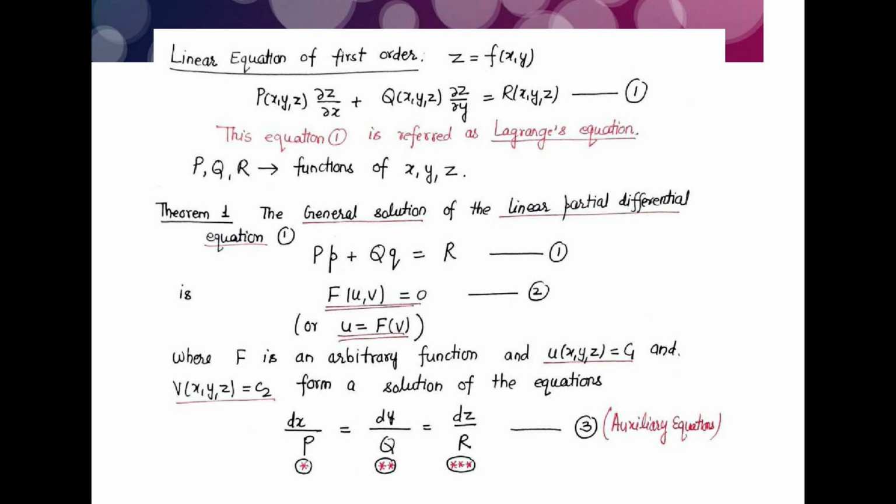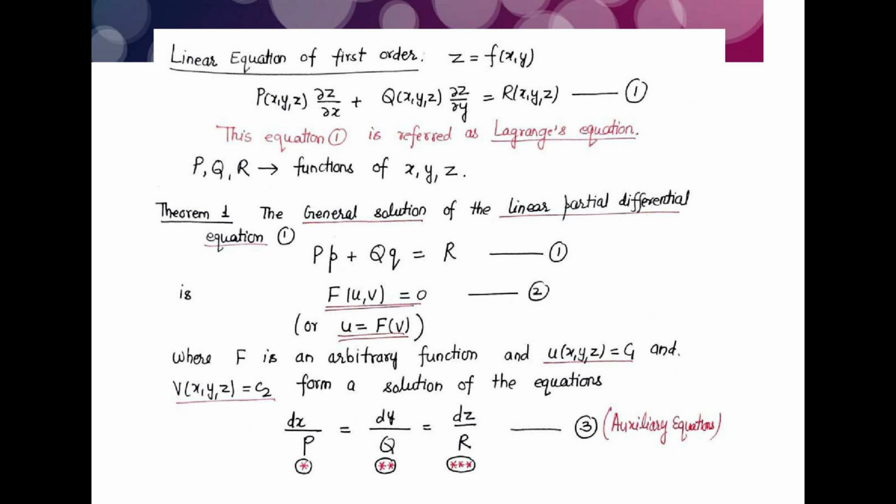In equation number 1, we have capital P times the derivative of z with respect to x plus capital Q times the derivative of z with respect to y, equal to capital R, where capital P, Q and R are functions of x, y and z. If you see equation number 1, this is a first order partial differential equation. So if we talk about its general solution, then the number of arbitrary functions will be 1.